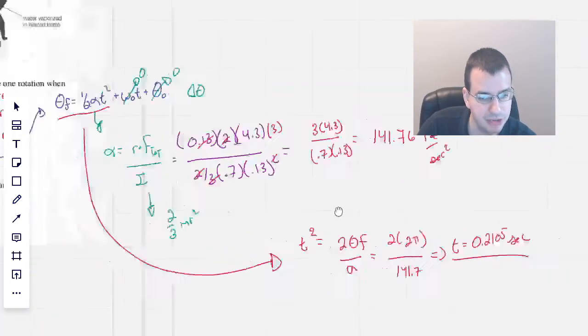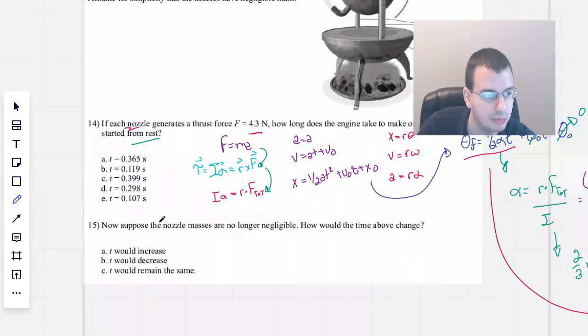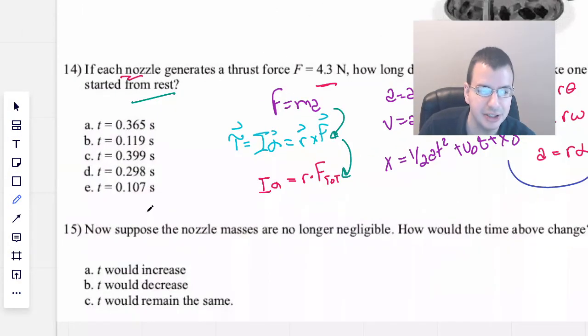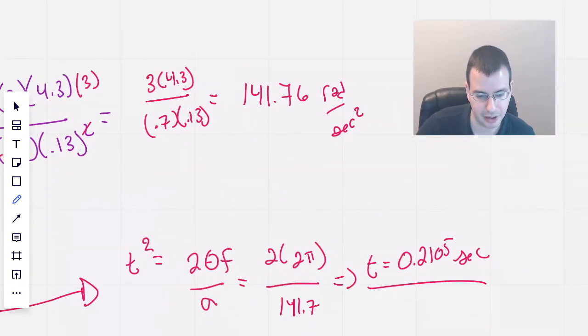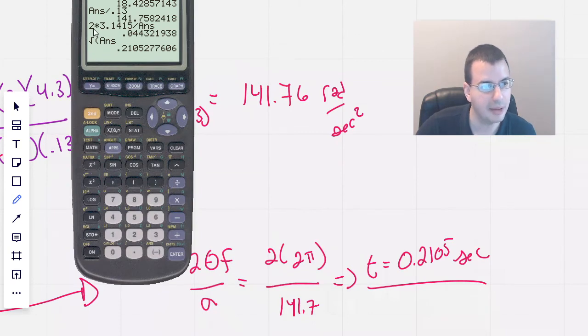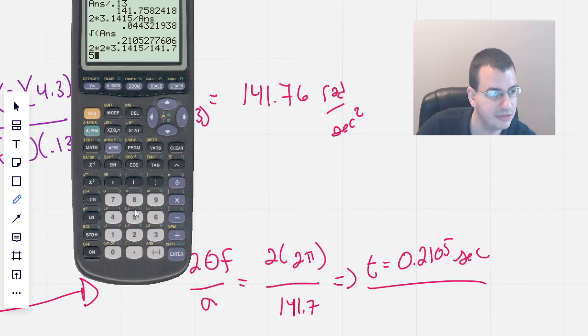So, let's see if it's a possible answer. 0.2, no, did I mess this up? Maybe. Let me check this over again real quick. 2 times 2 pi, I messed up there. Up here, 2 times 2 pi, I forgot a 2, times 3.1415, divided by 141.758.